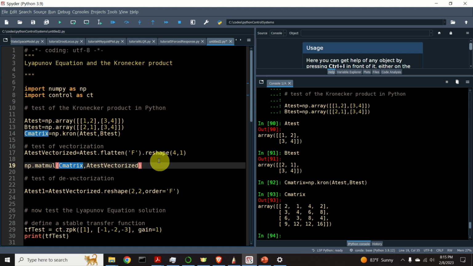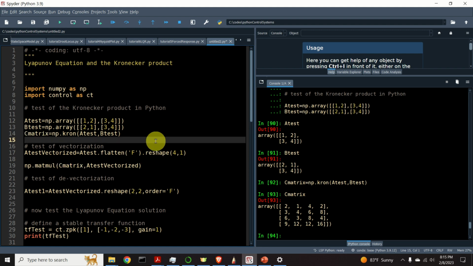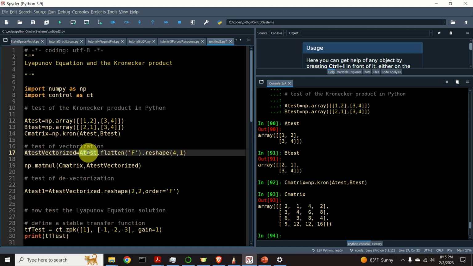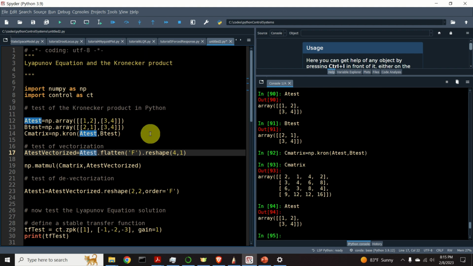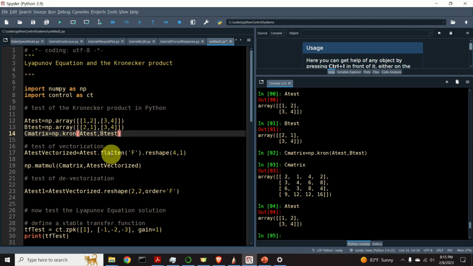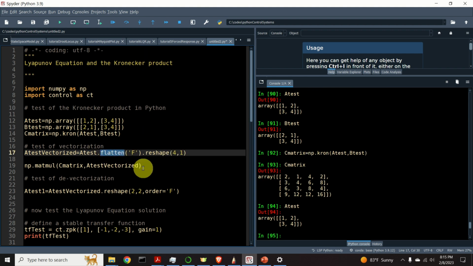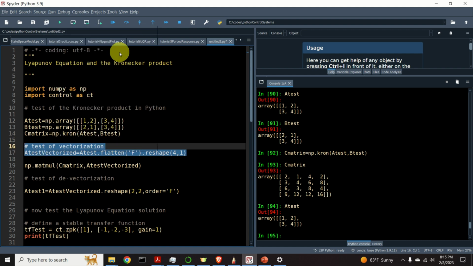Next, let us see how to vectorize a matrix in Python. That is, this line implements the vec operator. Here's our A test, and let's try to vectorize this matrix. We call this method flatten on the A test, and this argument F means that we want to flatten column-wise, and finally we need to reshape the matrix as 4 by 1. Let's see the result.